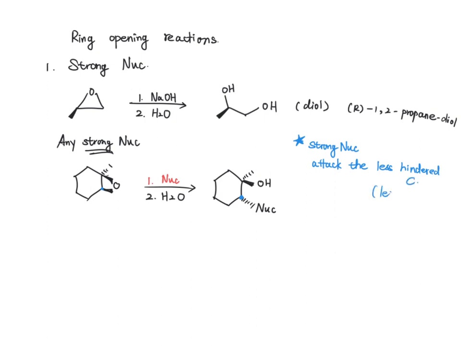What that means is less substituted. And also, we notice that if the carbon being attacked is a stereo center, then that stereo center will have an inverted stereo configuration.